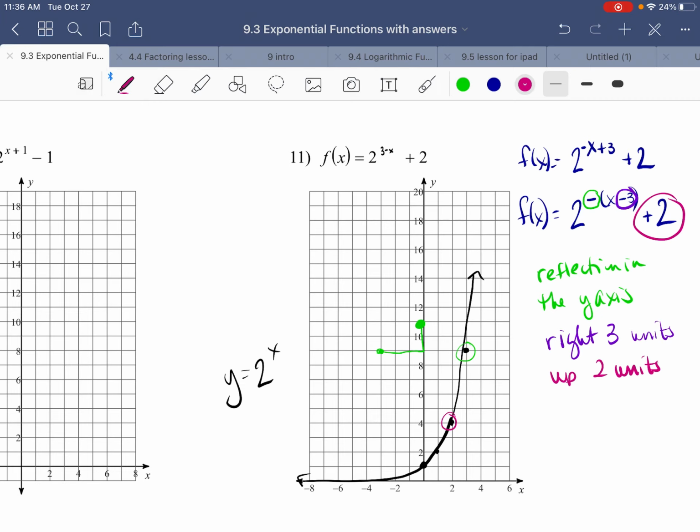This point gets reflected over here, and it has to go right 3 up 2. This point has to get reflected over here, and it moves right 3 up 2.